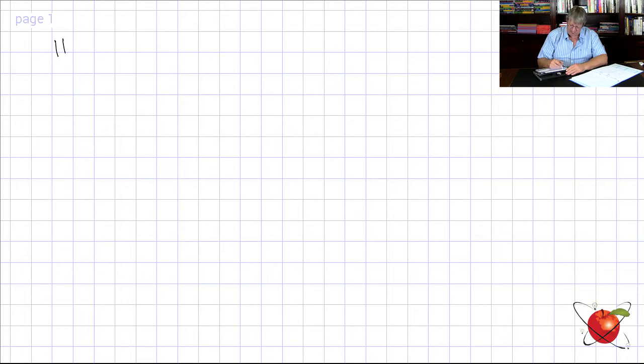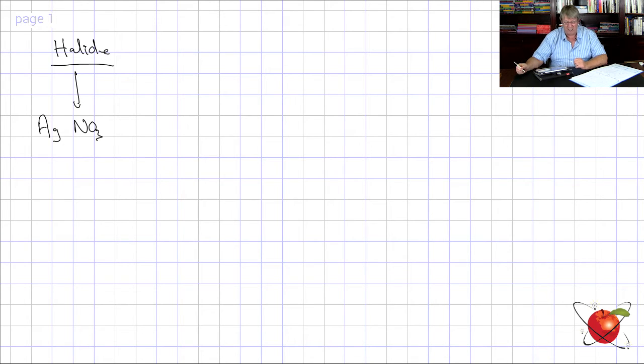So let's have a look here. First of all, let's say we've got the test over here and we suspect a halide. So what do we do first? The first thing is we add AgNO3, silver nitrate, to our test tube.